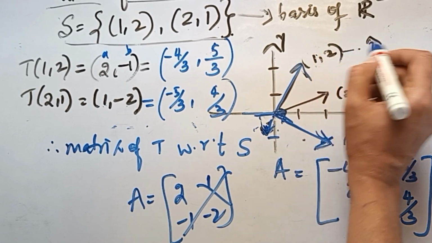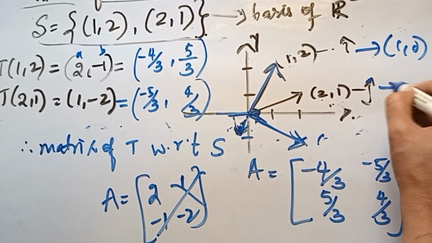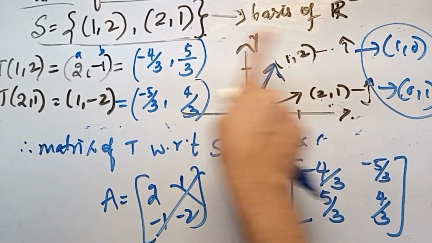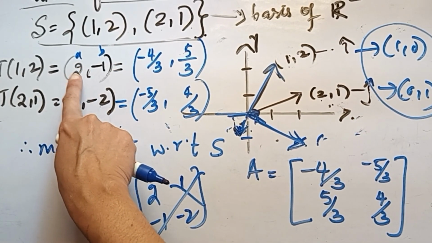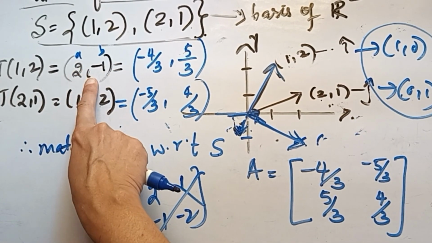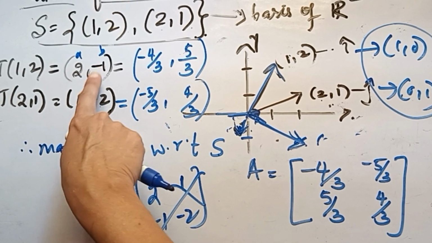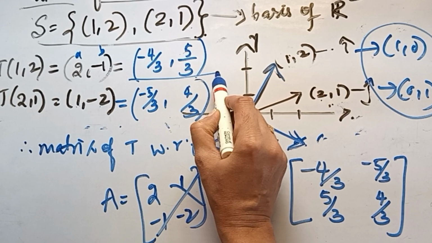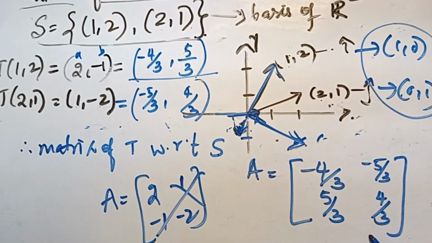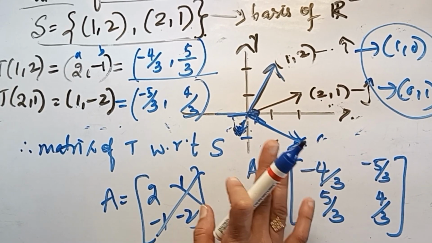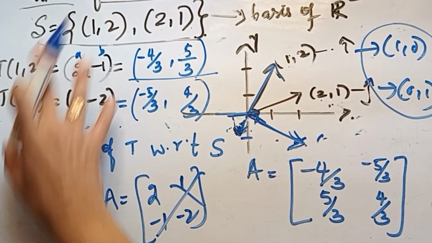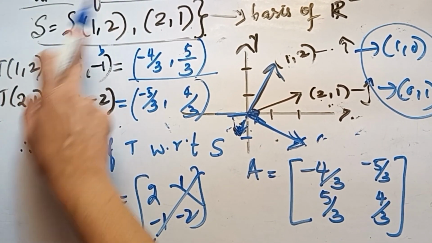So this acts as 1 comma 0 now, and this acts as 0 comma 1 in the new system. So where i cap lands, it lands at the point 2 comma minus 1, but don't write 2 comma minus 1 directly. 2 comma minus 1 in the new language is called like this. Okay, those vectors you have to write. So when you are finding the matrix of a linear transformation with respect to a basis other than the standard basis, first apply the transformation to find where the vectors will go.